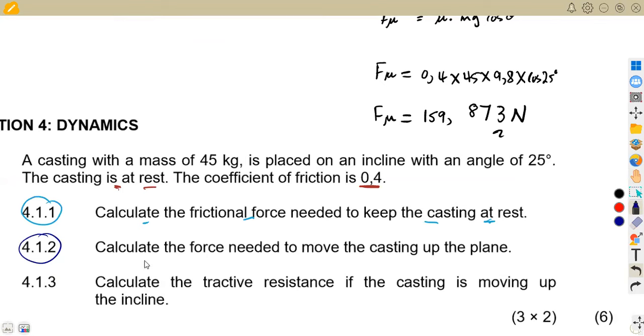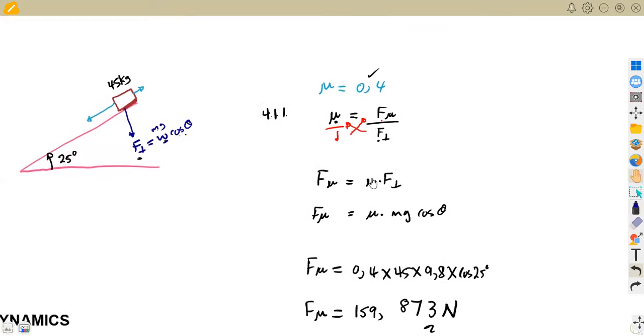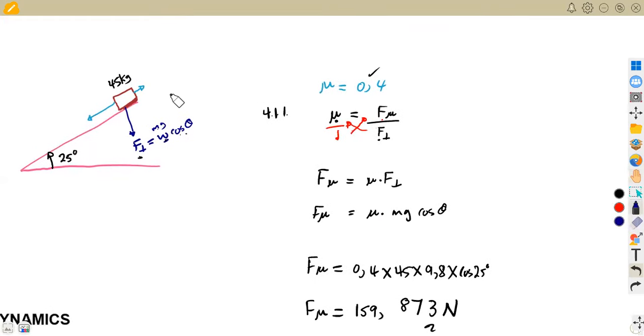All right. 4.12, calculate the force needed to move the casting up the incline. So what is going to be the force for this object, the casting that we have, for it to be moved up the incline? You're talking about F up in this case. So that is going to be the sum of the frictional force. Remember, we have got our parallel component.